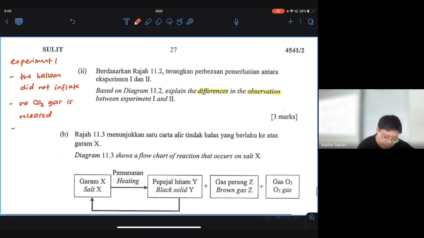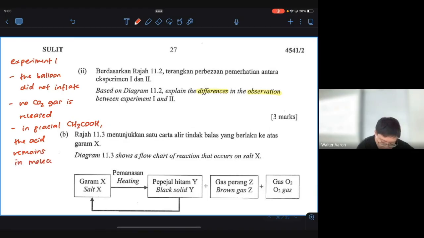You can say that in glacial ethanoic acid, the acid remains in molecule form, or remains as molecules. Okay, or you say no hydrogen ions are present.